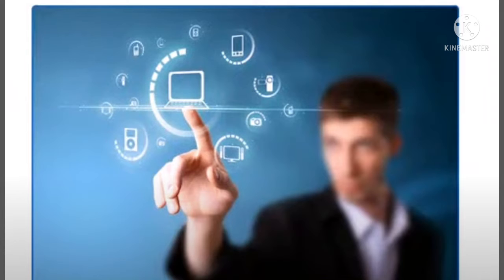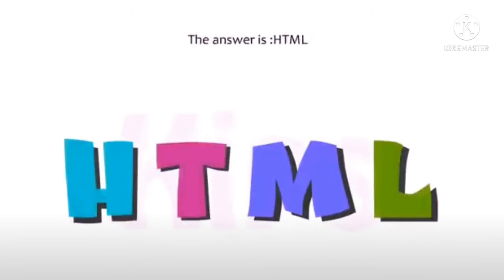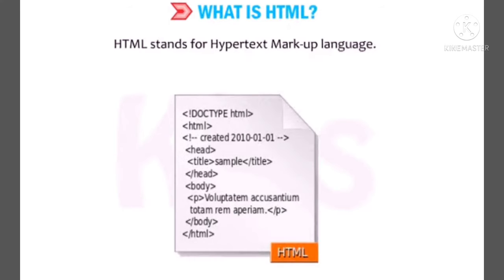Children, have you ever thought about how these web pages are created? HTML is the language which is used to write these web pages. It is the most widely used language to design web contents for the internet. Through this chapter, we will learn how to create web pages. What is the full form of HTML?